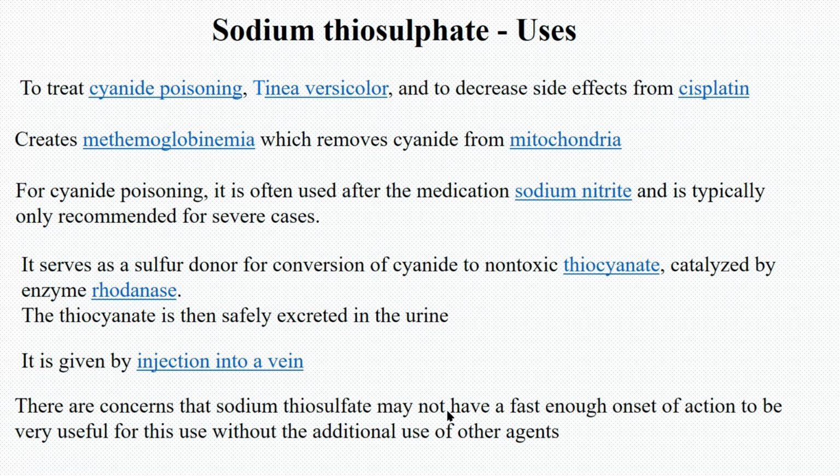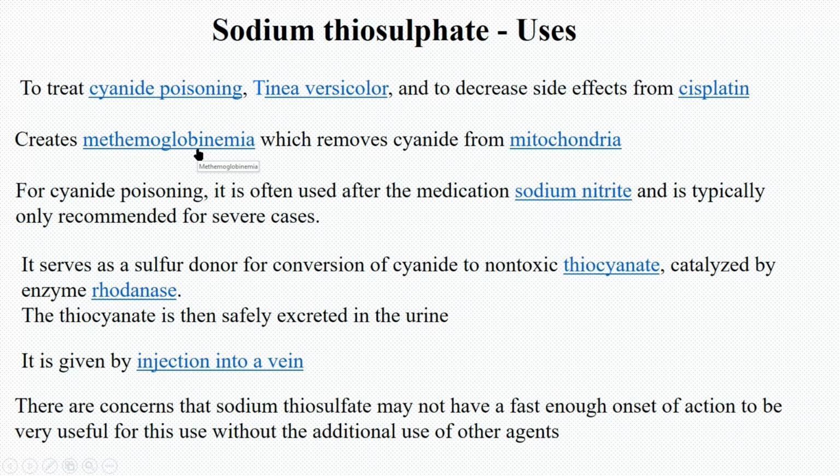Why is it used along with sodium nitrite? Why not alone? This is because sodium thiosulfate has a slow onset of action. When we want immediate effect, it won't be effective. That's why sodium nitrite, having rapid onset of action, is given first and then it is followed by intravenous injection of sodium thiosulfate.